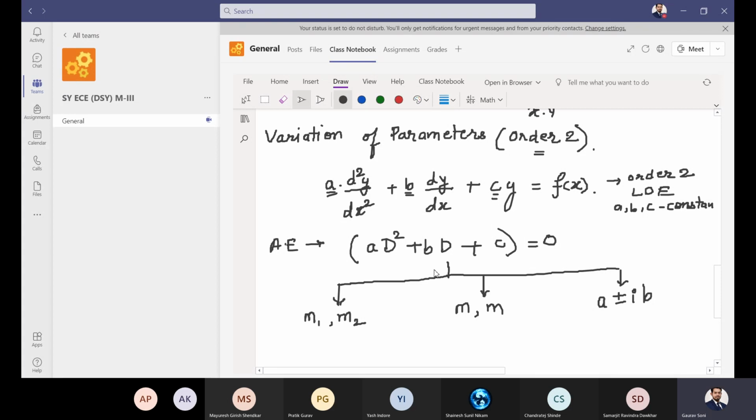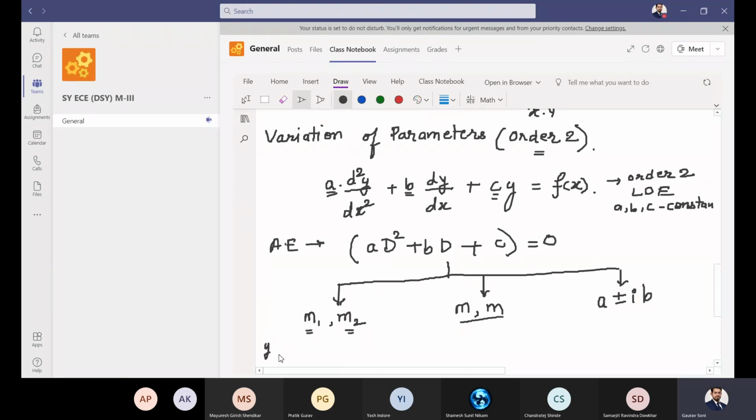So since this is a polynomial of degree 2, I'll get 2 roots, of course. What can be the nature of those roots? These roots are real and distinct. These are real and repeated. And the third one, complex.